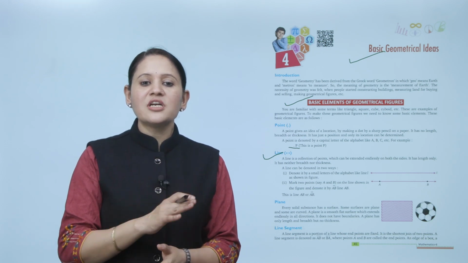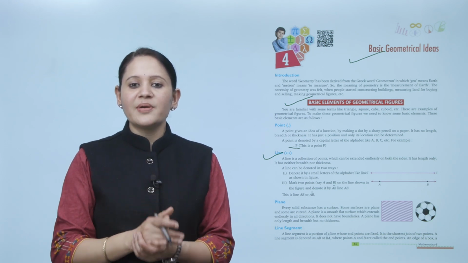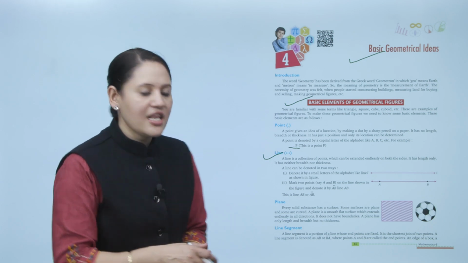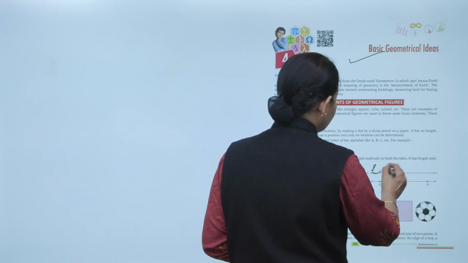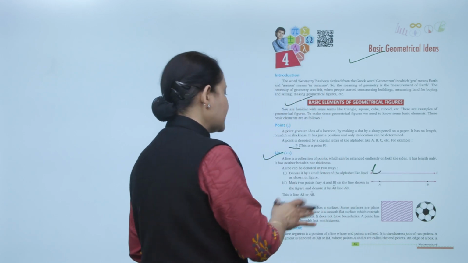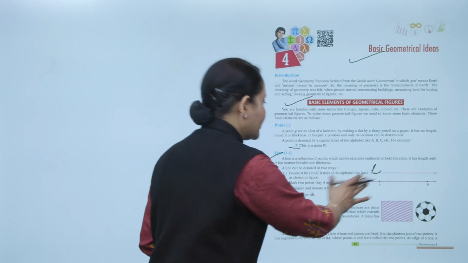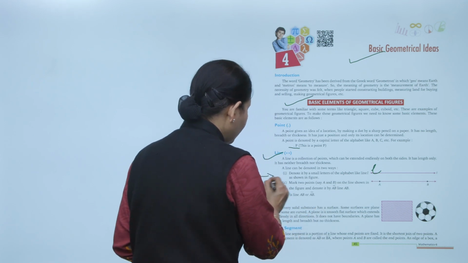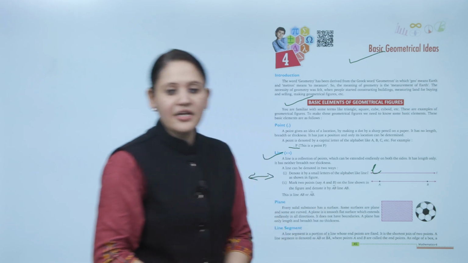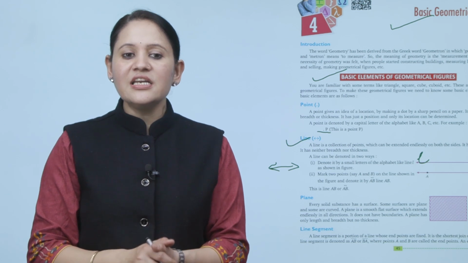First, denote it by a small letter of the alphabet like line l, like here. हमने क्या किया, स्मॉल लेटर एल से किया है. Next is mark 2 points like here. So we will say line AB, both side arrows that show the line. Clear? So this is line AB.